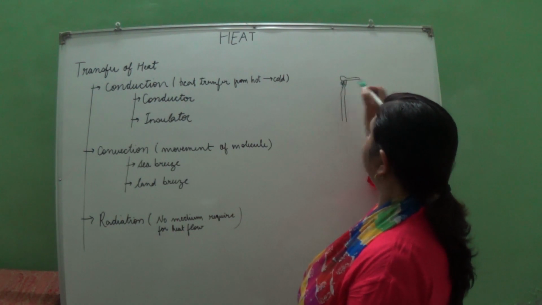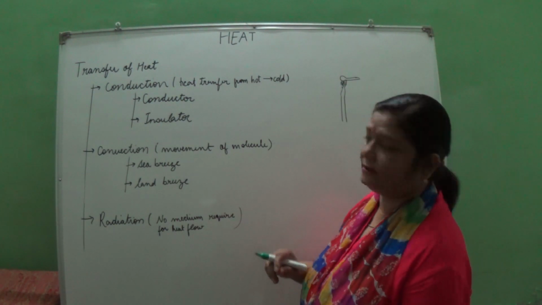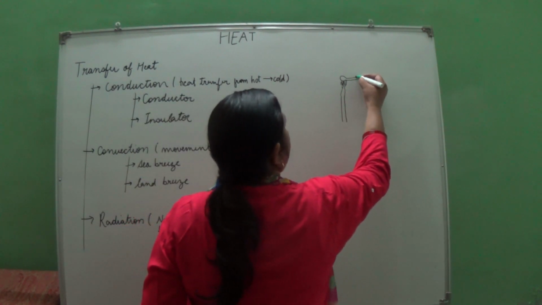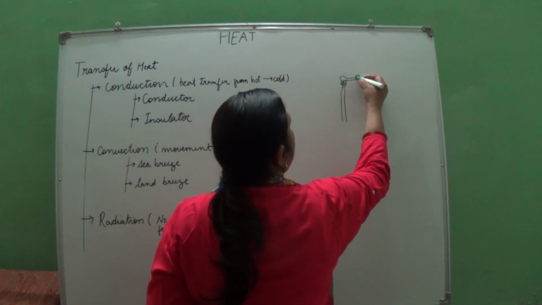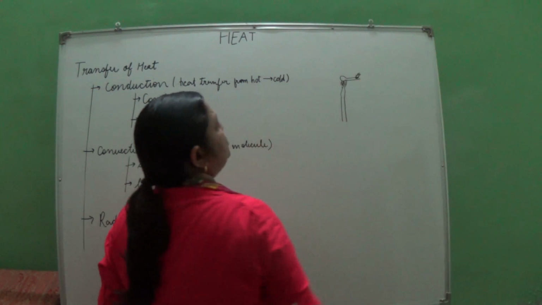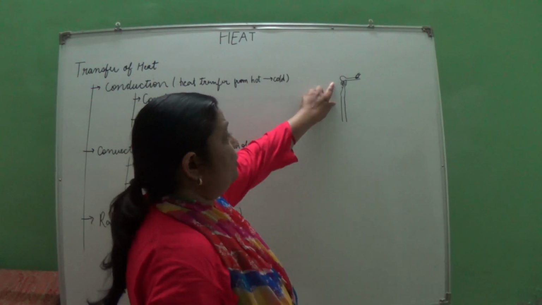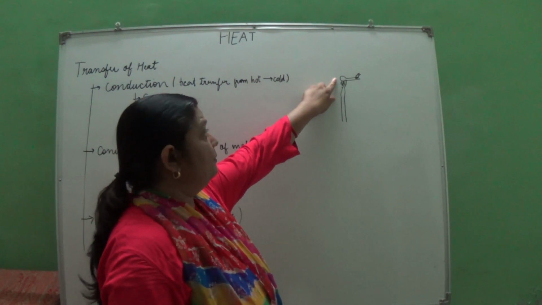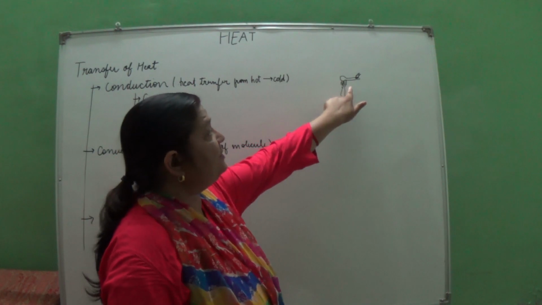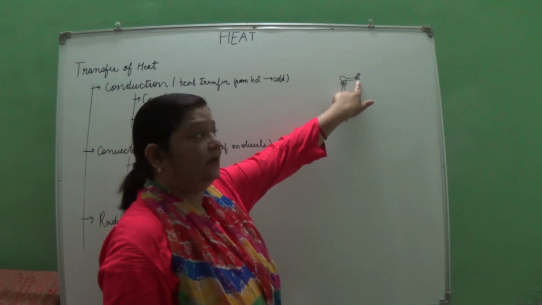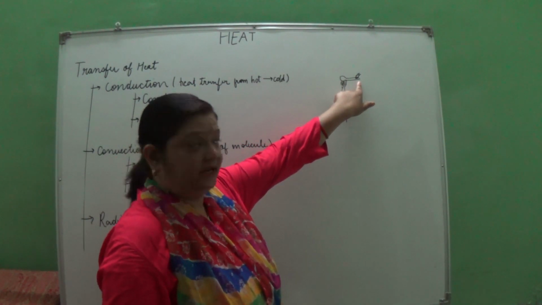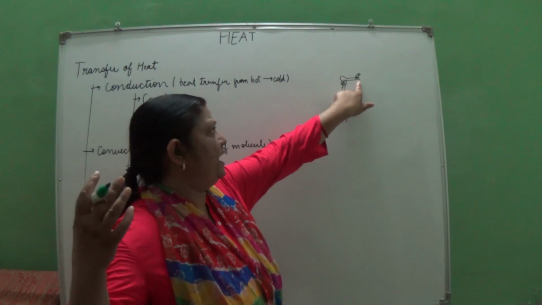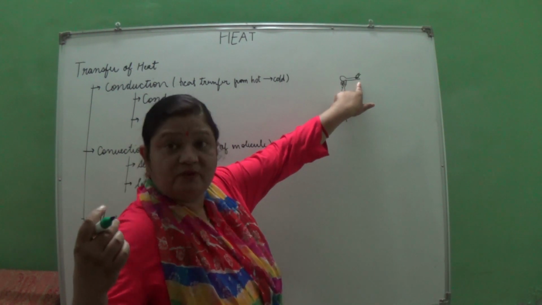What will happen? Have you seen it? You hold this spoon from here. When you keep the spoon over the candle, the heat is here, but after some time you will see that it has reached over here, and you take your hand away and leave the spoon, because you feel hot.